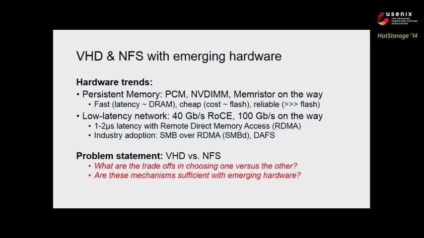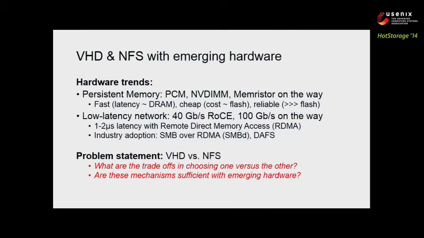The second trend is the increase of performance of the networks in the data center. In some data centers, we currently already have 40 gigabit Ethernet with technologies such as remote direct memory access, or RDMA, over Ethernet. And we expect this technology to scale to 100 gigabit per second in the near future. And thanks to RDMA, the latency is also very low, typically in the order of 1 or 2 microseconds.